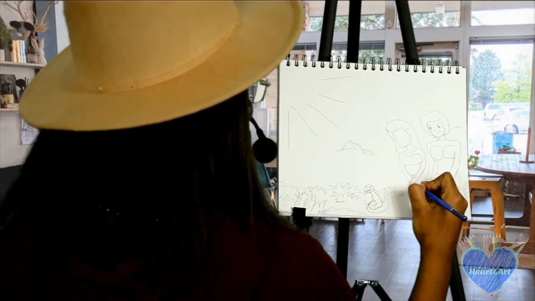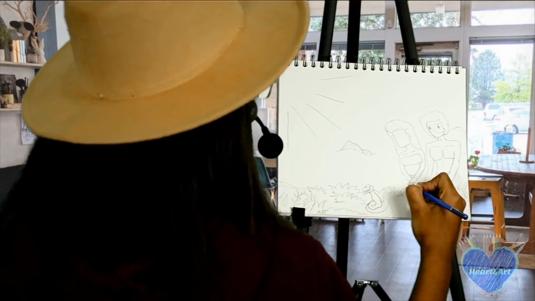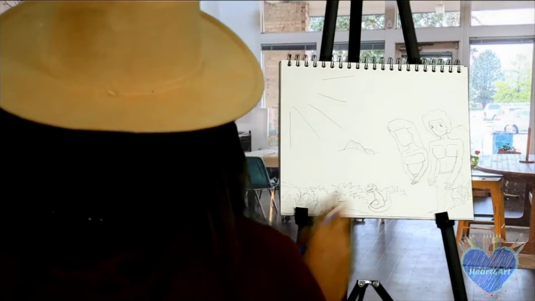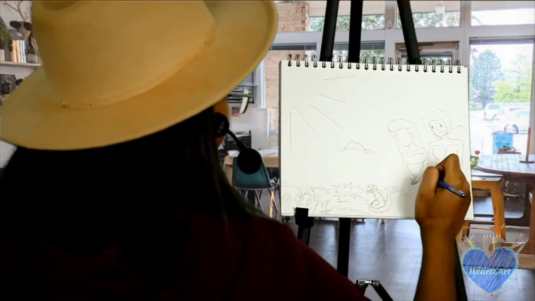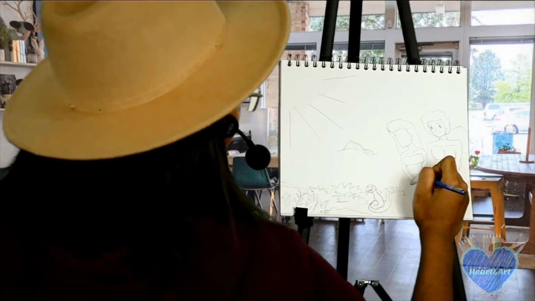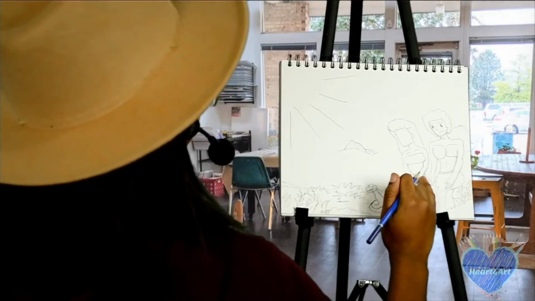Make sure we give her 5 fingers. Okay, it's kind of like a rough outline there. And then do it where the waistline of the outfit kind of comes out beside her arm there.